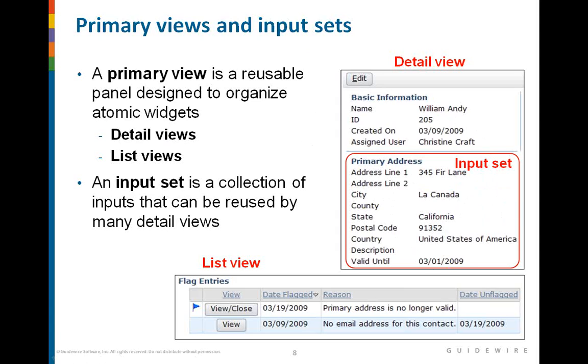For example, you want to display multiple vehicles, the incidents associated with the client, or the associated persons with a particular claim. Those details are all handled with the help of list view.